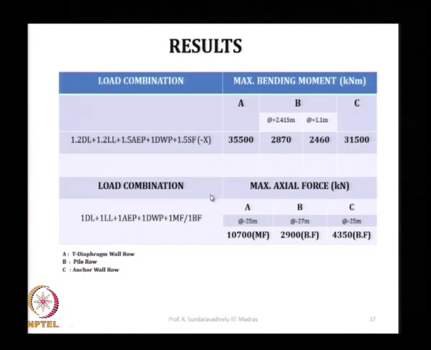This is for maximum bending moment, one of the load combinations. For maximum axial force there is another load combination. This is to find out the founding level of pile. This is limit state of collapse, this is limit state of serviceability.